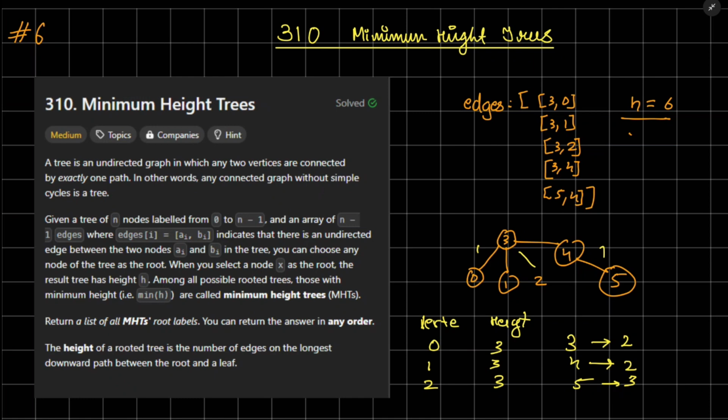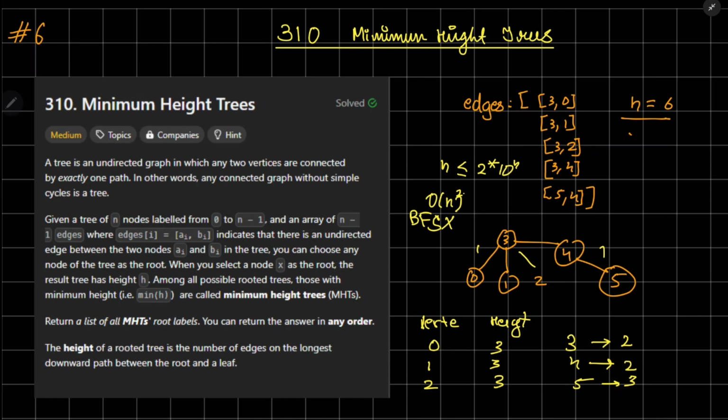But that was not an efficient solution, as we are given the constraint that n is less than or equal to 10 to the power 4. BFS has a complexity of O of n, so applying it to all nodes it will be O of n square. Okay, so we cannot apply BFS here.